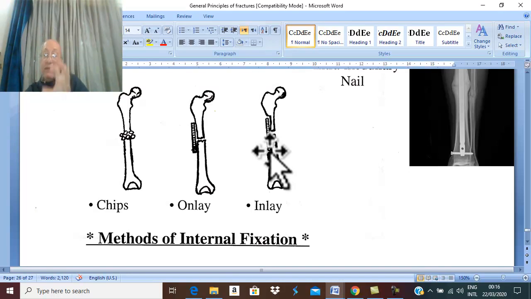This is called autogenous, from the patient. The commonest site for bone graft is the upper three quarters of the fibula, or the anterior border of the tibia, or the iliac crest, or the ribs. Ribs are used when you need a curved bone, like the mandible. A plate of bone is taken usually from the anterior border of the tibia, the shin of the tibia. Bone chips are usually obtained from the iliac crest.